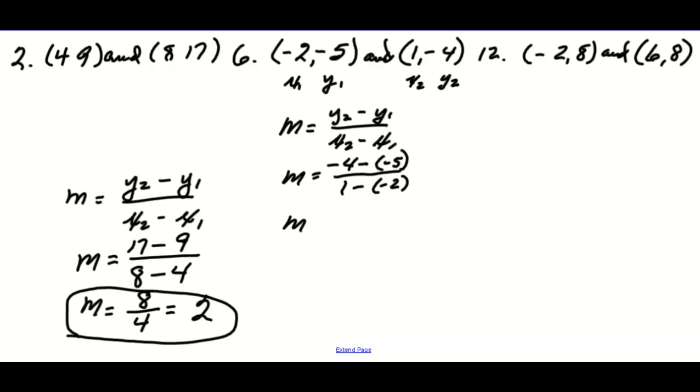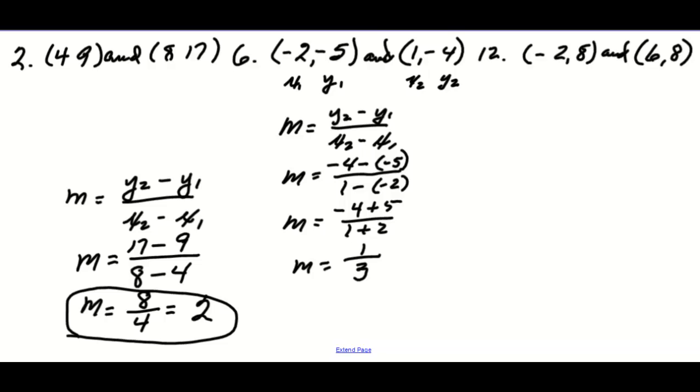What this then becomes is negative 4 plus 5 over 1 plus 2. And when I combine those terms, negative 4 and a positive 5 gives me 1 over 3. And 1/3 happens to be the answer for number 6.